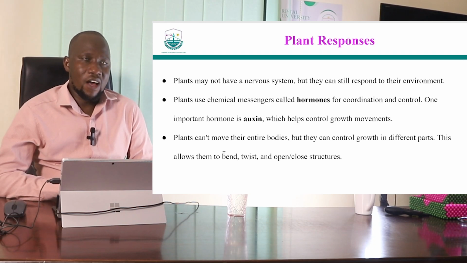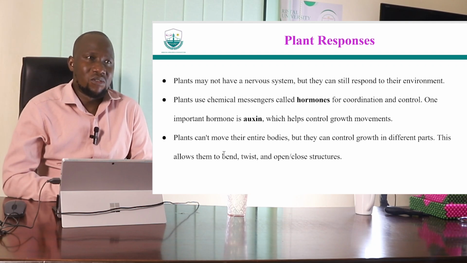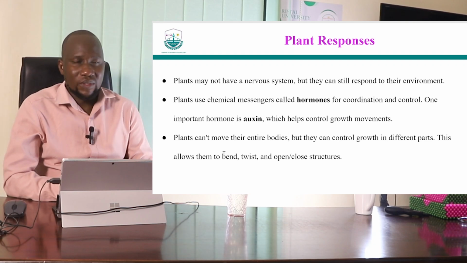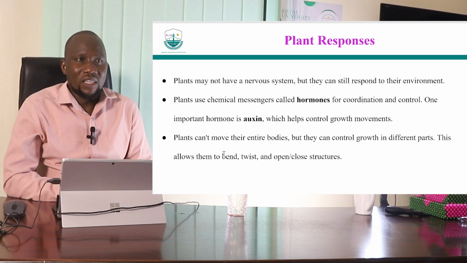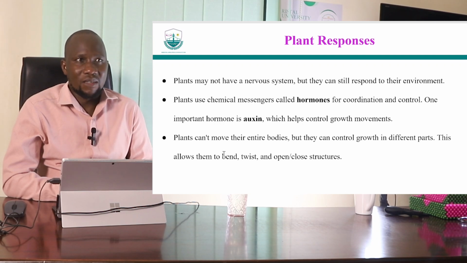So, for us as humans, we have what you call the nervous system. Also animals, whether it is a goat or any other animal, they still have the nervous system.